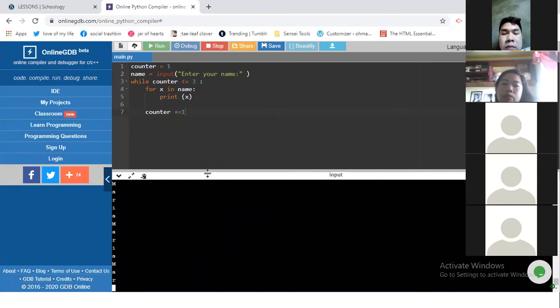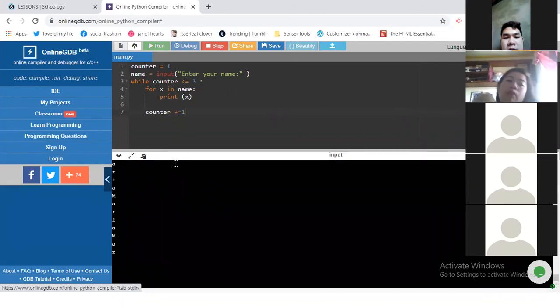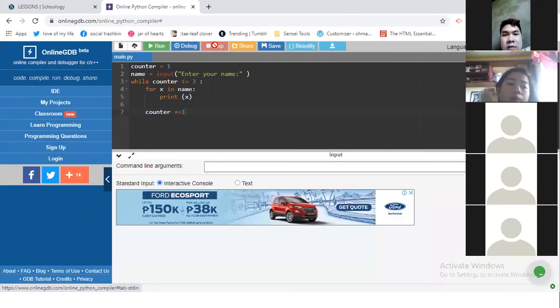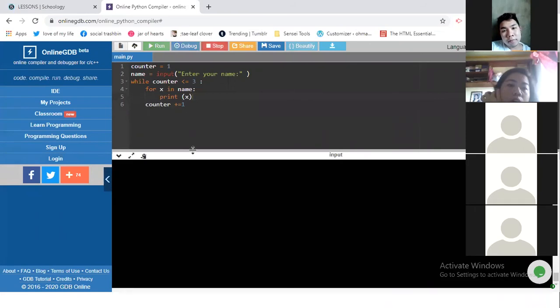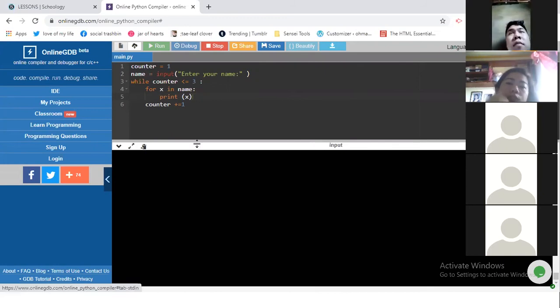Wala pang input. Nag-print na siya. Stop. Counter. Run. Bakit di siya lumalabas?